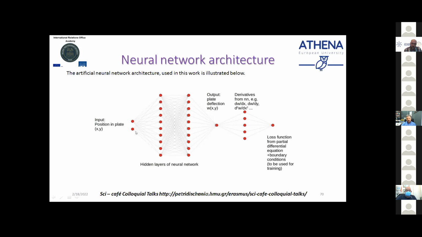And then, for every choice of, for example, synaptic weights, we can see if at a given point, the chosen neural network can fulfill the differential equation. If not, we have an error, and this error can be used for further training. This is the idea.